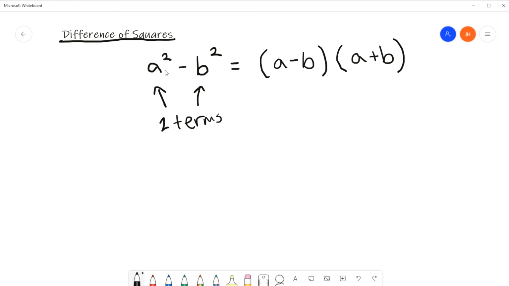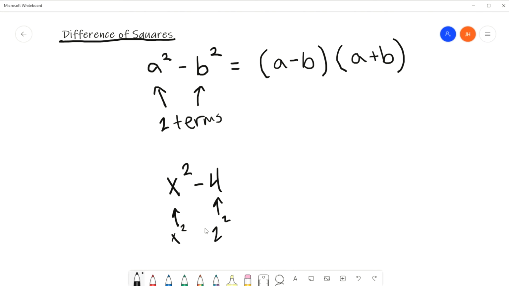So difference of squares is kind of like the oldest trick in the book. It's super common to see a problem have difference of squares. For example, suppose I have a binomial such as x squared minus 4. If I was asked to factor this binomial, I can identify that x squared is x to the power of 2, and 4 is 2 to the power of 2.